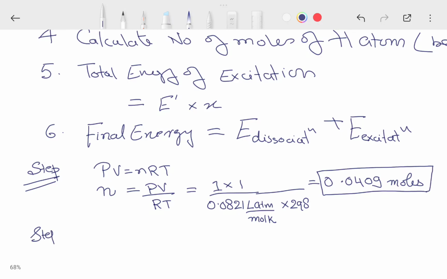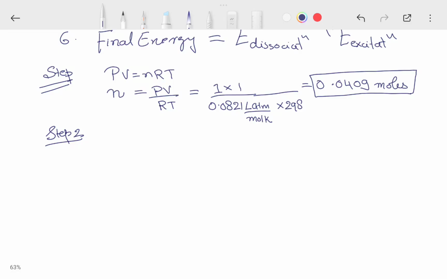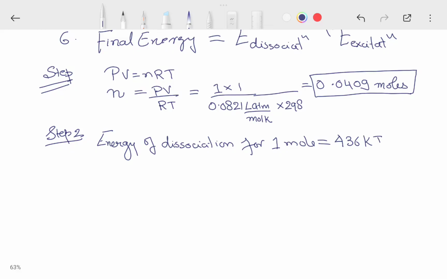In step number 2, see, dissociation energy for 1 mole is given, and we'll find energy for dissociation of these many moles, that is 0.0409. So energy of dissociation for 1 mole is 436 kilojoule per mole.